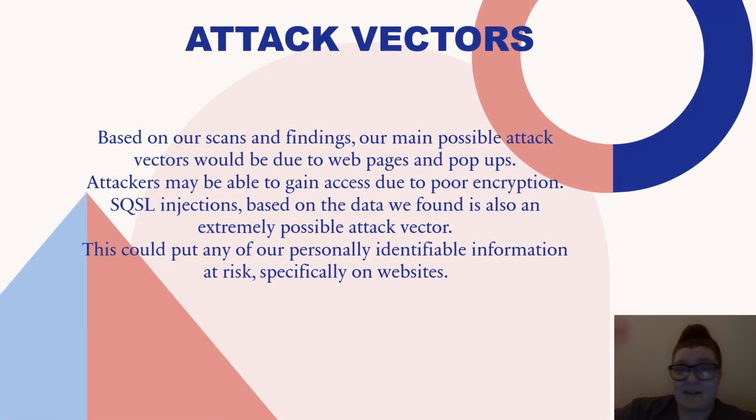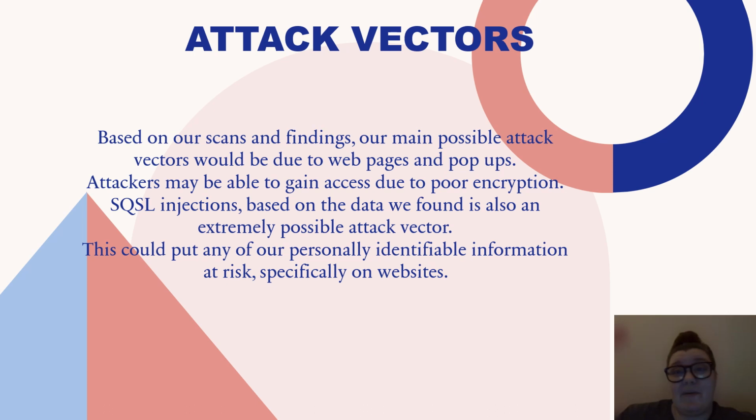So based on all this other information, our scans and our findings, there are several possible attack vectors for us, specifically due to web pages and pop-ups. Attackers may be able to gain access to us due to poor encryption, as well as SQL injections.